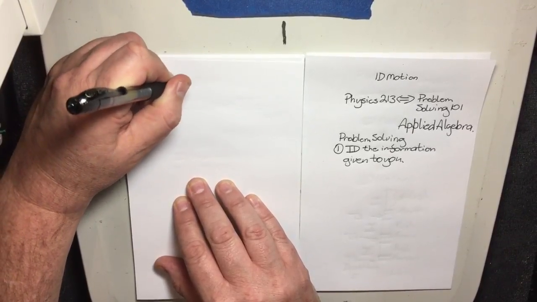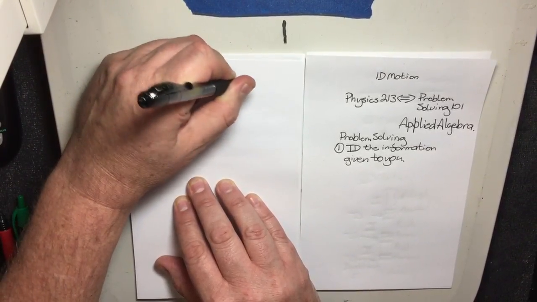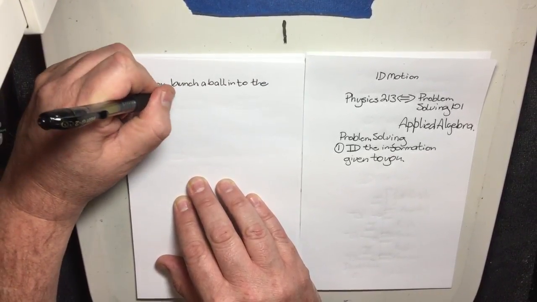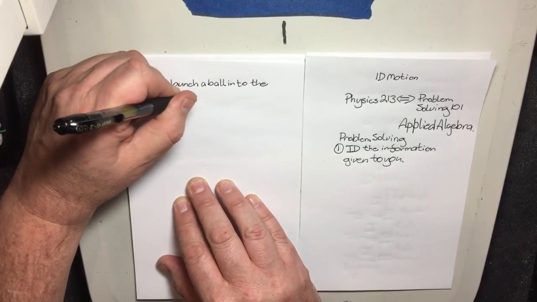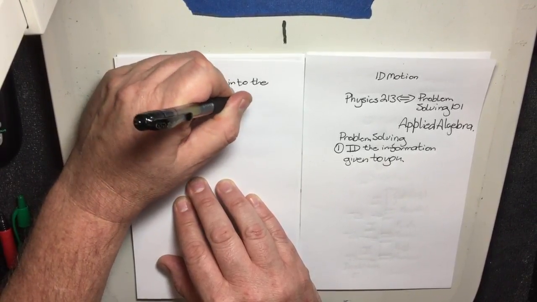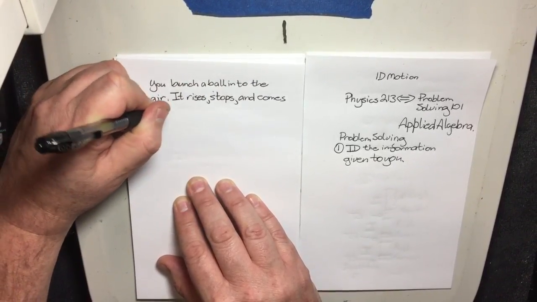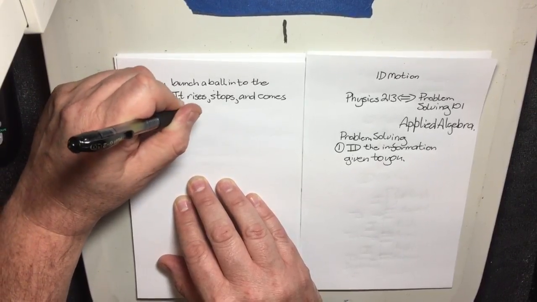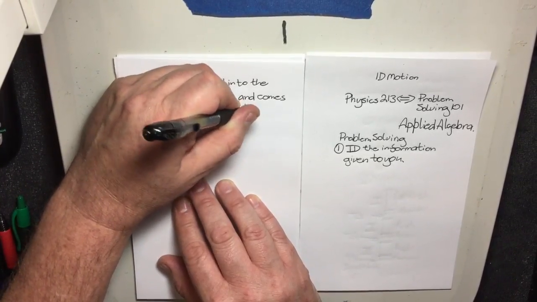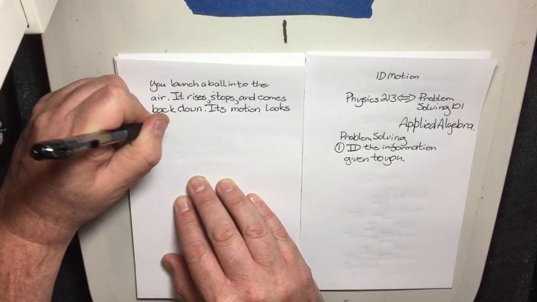You launch a ball into the air. It rises, stops, and comes back down. Its motion looks like this.